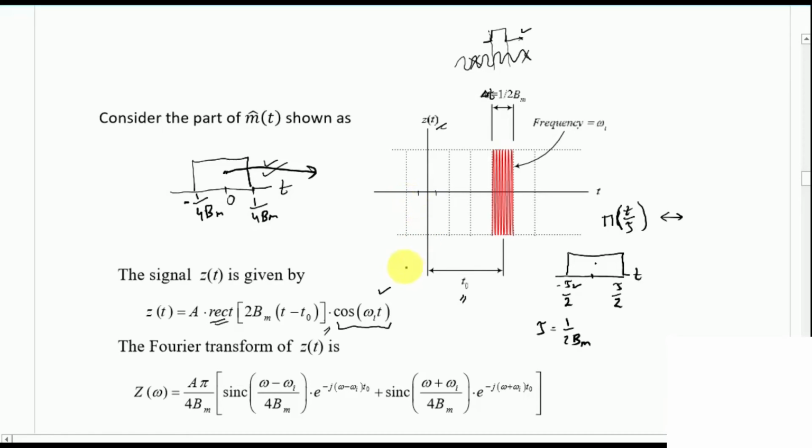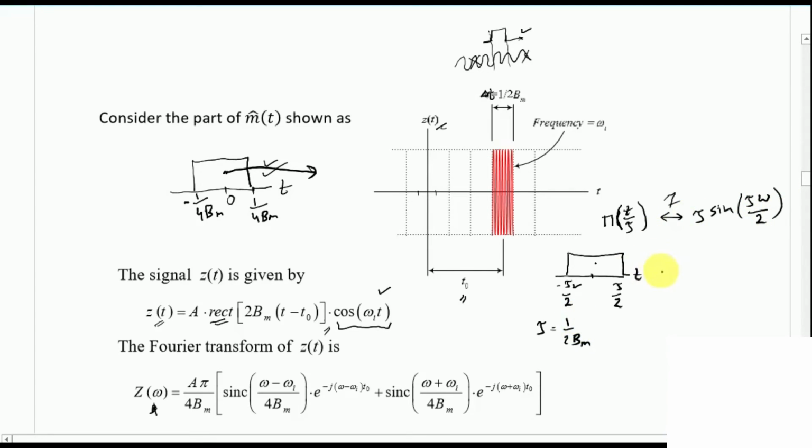So if we are interested in the spectrum of this, what we need is a Fourier transform of z of t, that is z of omega. And for that we know that if we have a rectangle function and we take the Fourier transform of this, we would have tau sinc function, tau omega by 2, right?